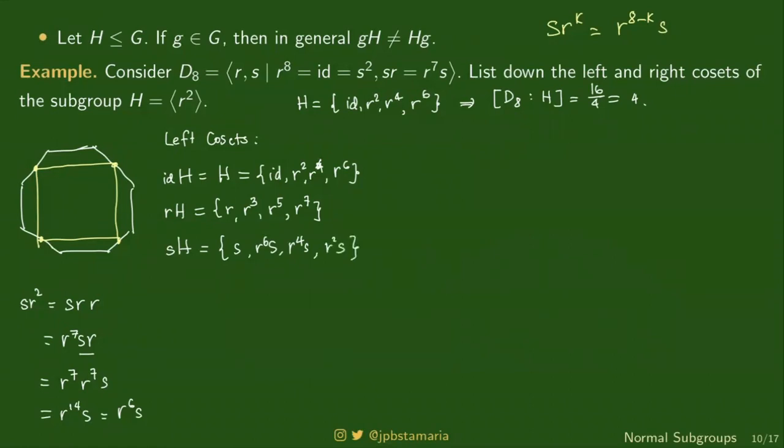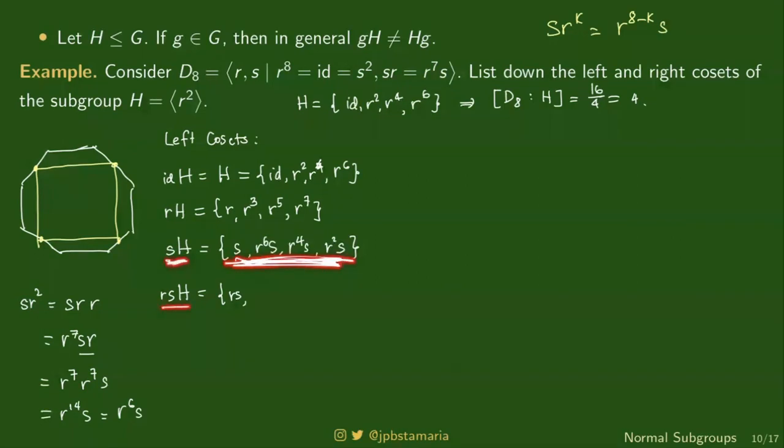Finish. Do we have other elements that are not yet here? Yes, we do have, no? Sino-sino pa? Si RS wala pa. So you might as well put an RS here. So in short, lahat ito, multiply mo lang ng R sa kaliwa. Kasi ito na yung SH eh, di ba?